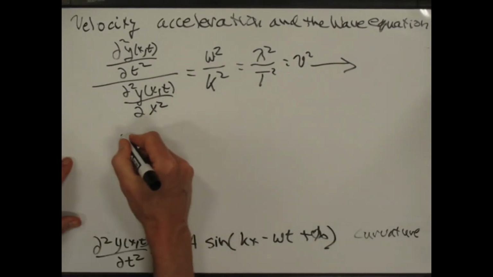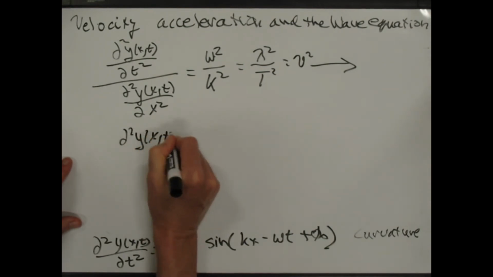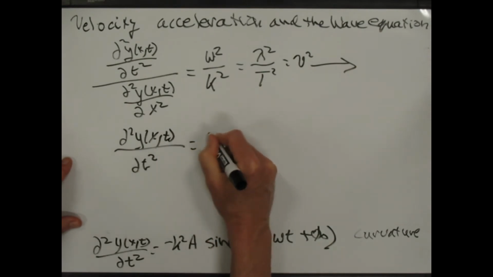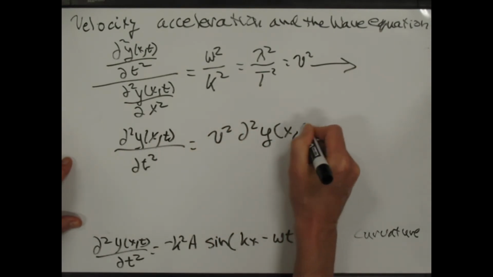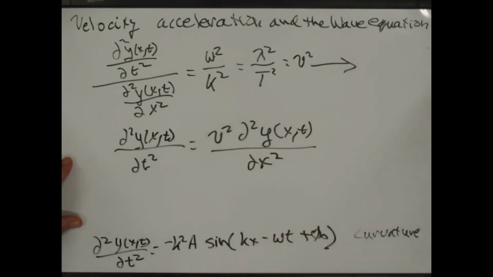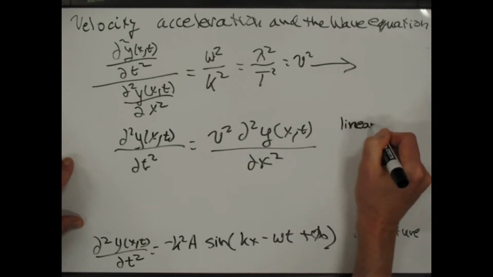And so what this equation becomes, if I cross multiply, I get partial squared y of x and t over partial t squared is equal to v squared times partial squared y over partial x squared. This is called the linear wave equation, or just the wave equation.